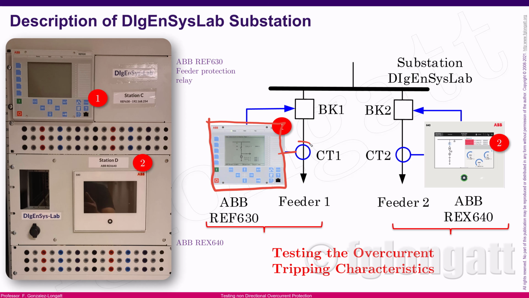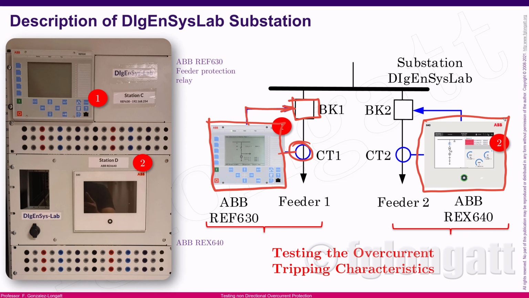We are using a current transformer, and this relay produces the signal that goes to the circuit breaker. This is one of the relays that we are including in this specific substation. And on the right-hand side, we have the ABB REX640, and this relay is a monster.